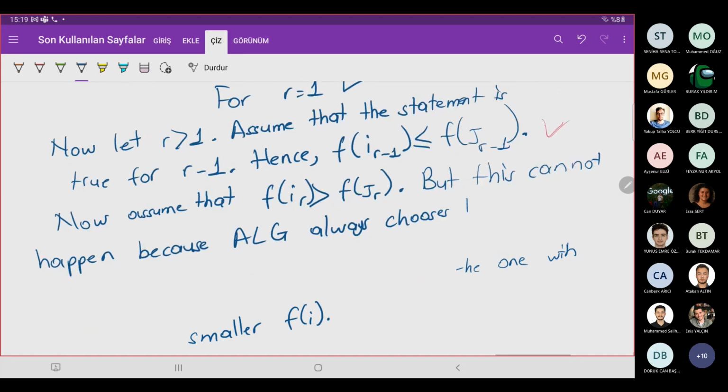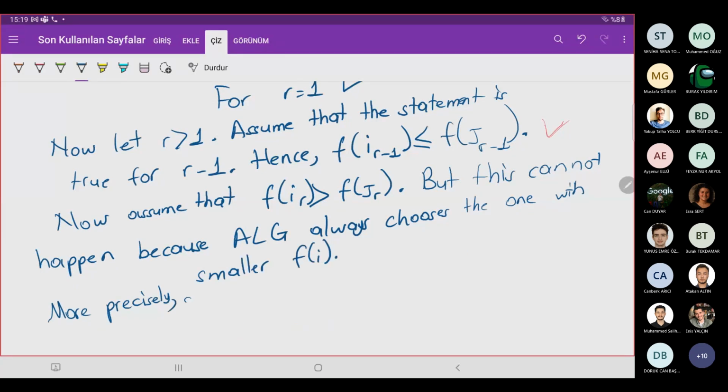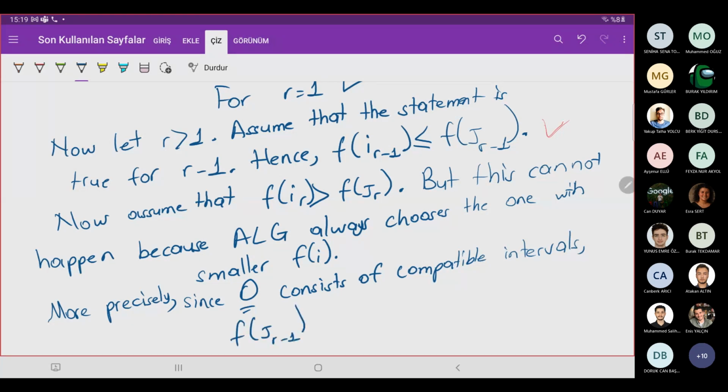More precisely, since optimum solution O consists of compatible intervals, f j r minus 1 is less than or equal to s jr, right?